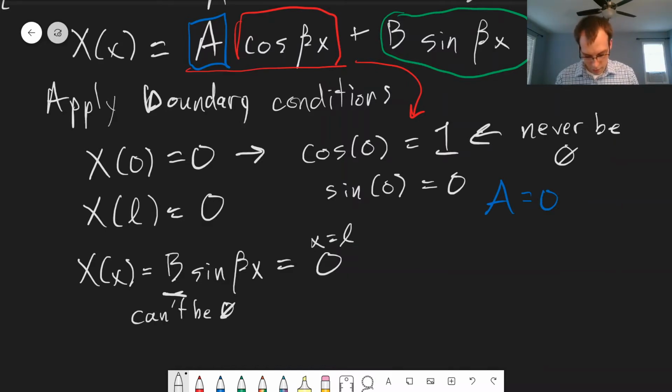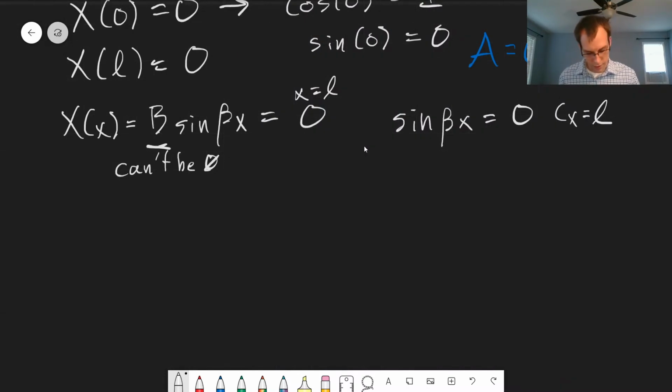So that means that our sine beta x term has to be equal to 0 when x is equal to L. So let's go ahead and plug in L for x. And that's not a c, that's parentheses there. So we can say sine of beta times L is equal to 0.